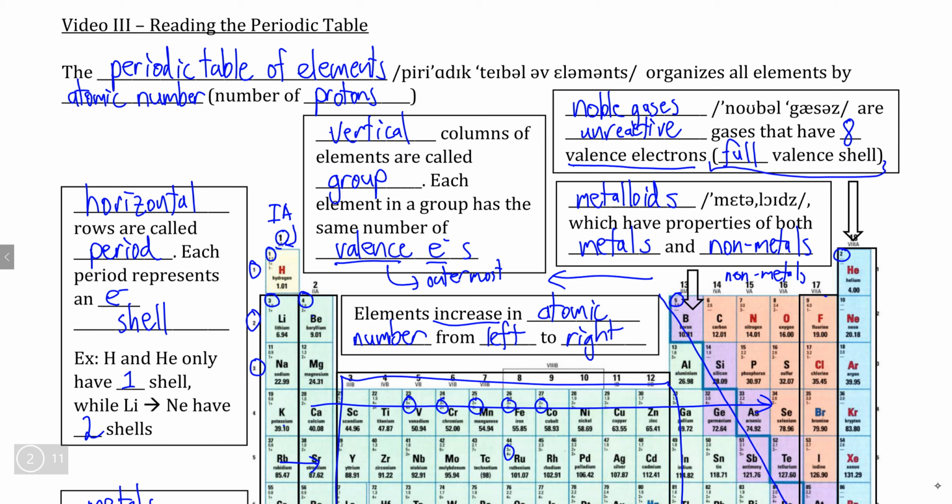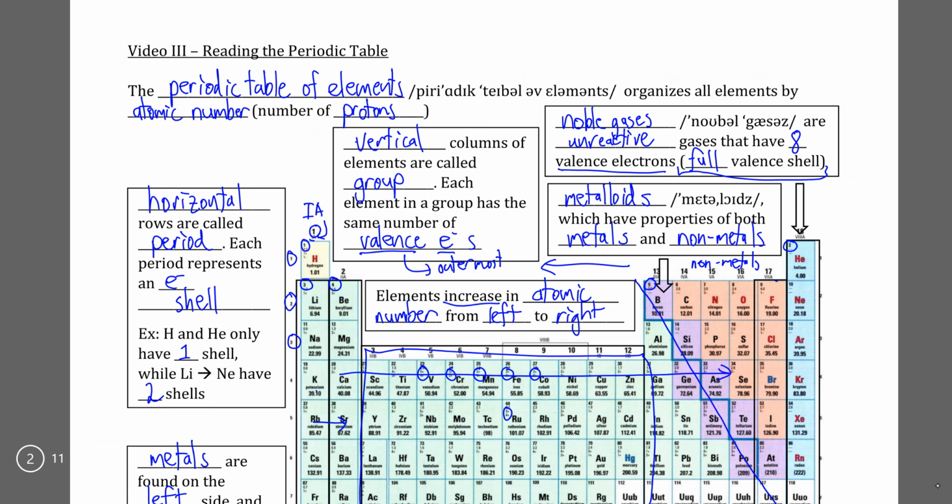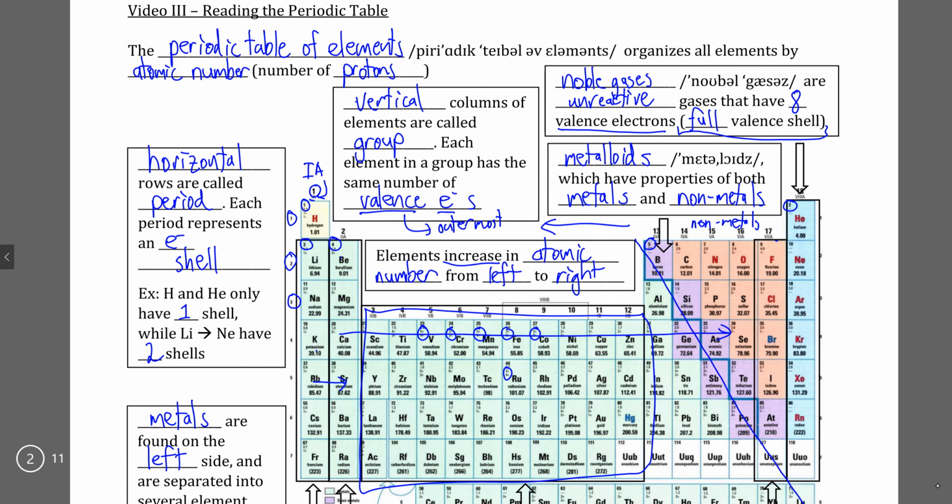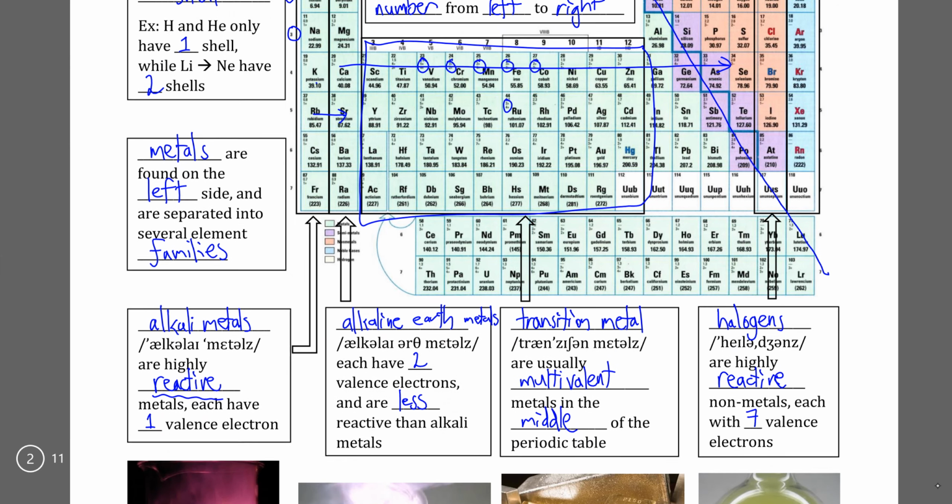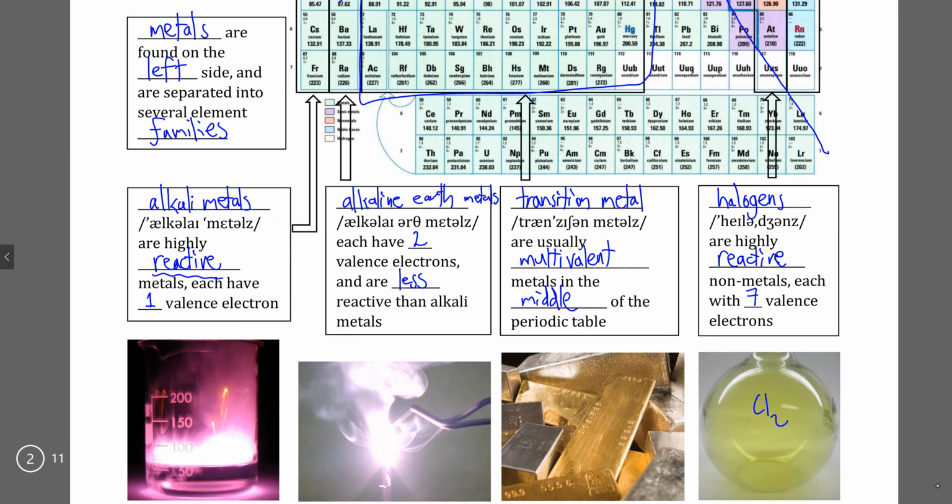And because they can't lose electrons to other elements or take electrons from other elements, they exist perfectly stably and are therefore unreactive. In the next video, we're going to explore the concept of valence shells and actually learn how to construct diagrams of different elements using the information that you can find on the periodic table.